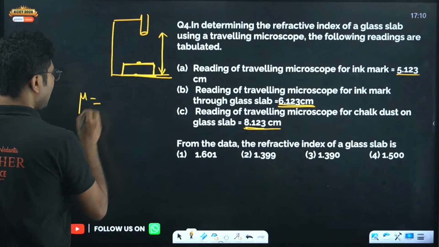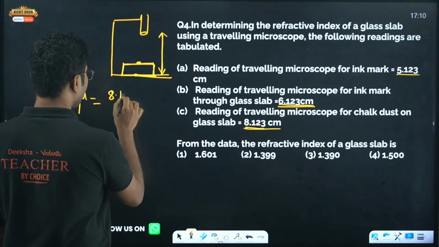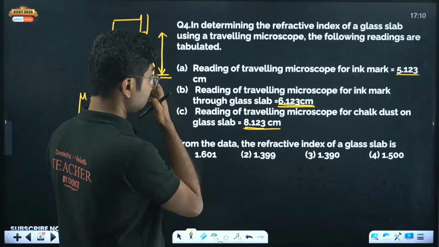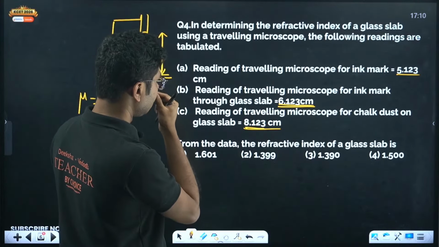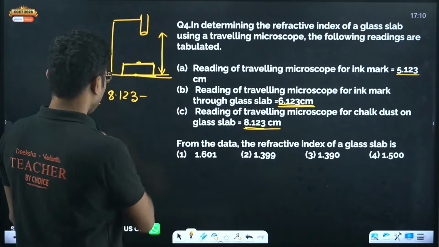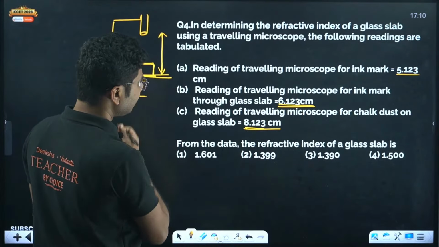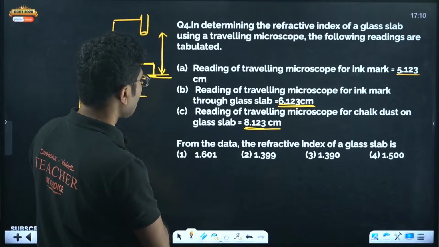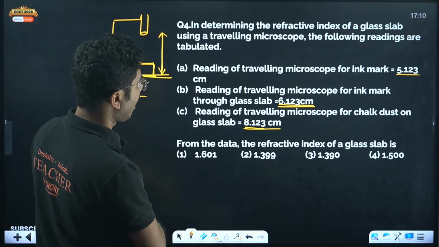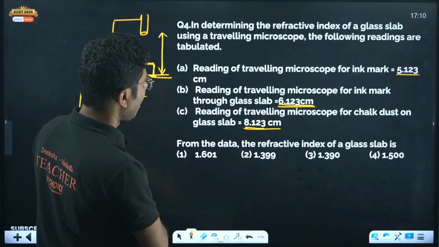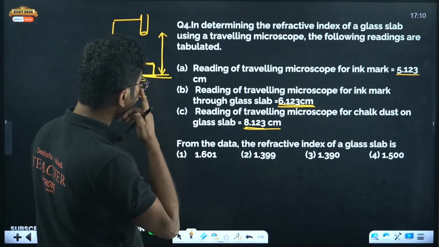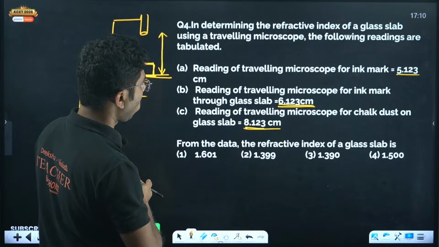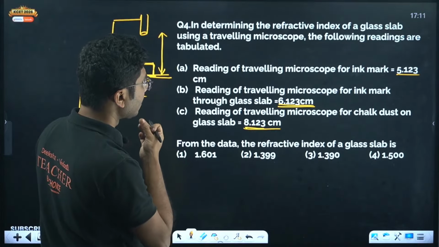So refractive index is the reading of the chalk dust 8.123 minus the reading of the ink mark. Just a second. Yes.